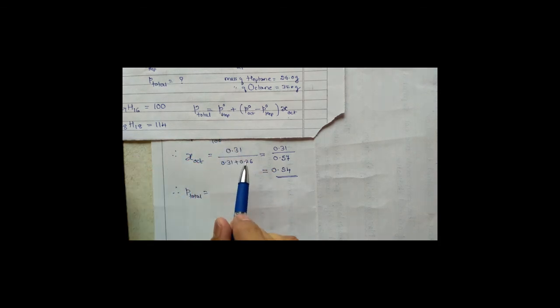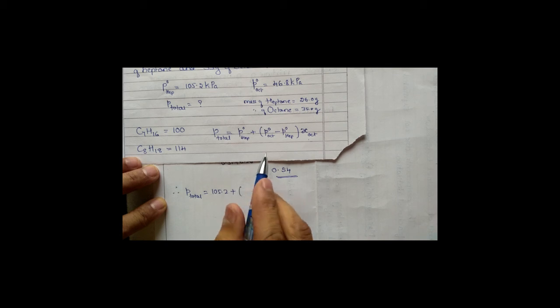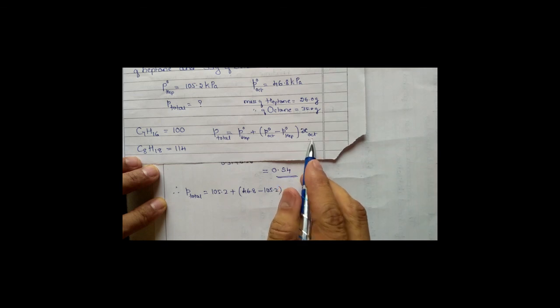P naught of heptane, that is 105.2, plus P naught of octane, that is 46.8, minus 105.2, into mole fraction of octane, that you have calculated, 0.54.